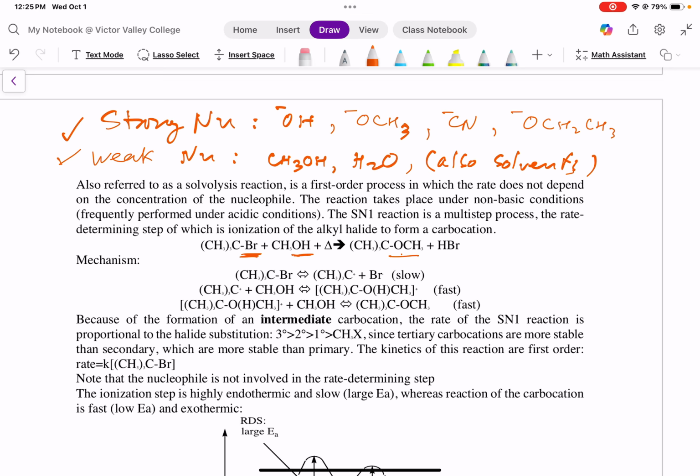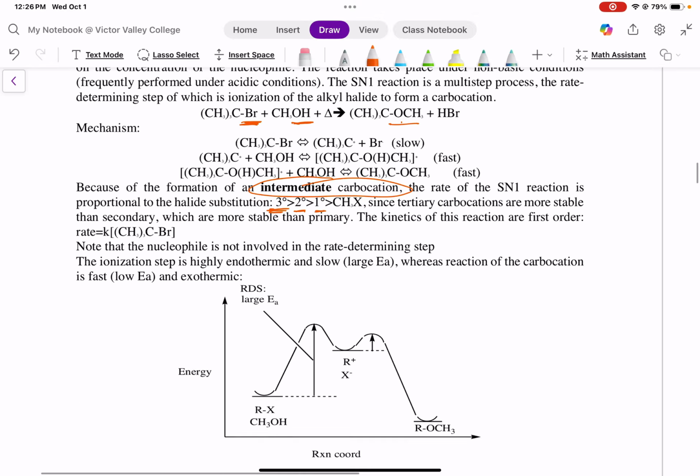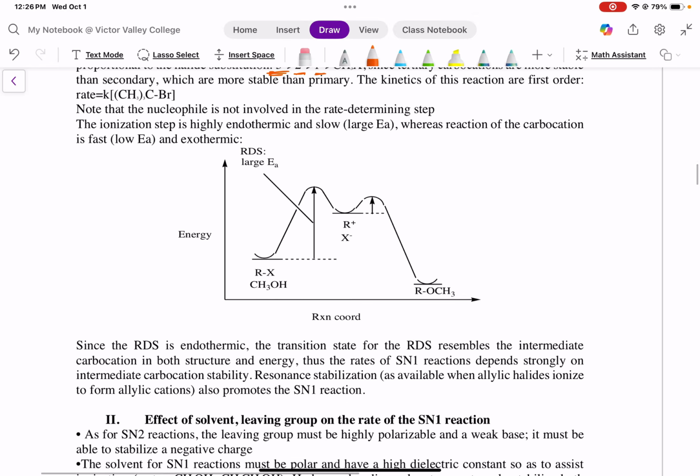Now, because there's a cation intermediate, the tertiary will be the best one. Exactly the opposite of SN2. Secondary is next, and then primary probably never happens, okay? Now, for SN1, it's going to form the cation first, after the leaving group, X, is taken off.